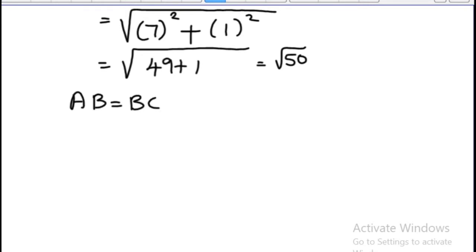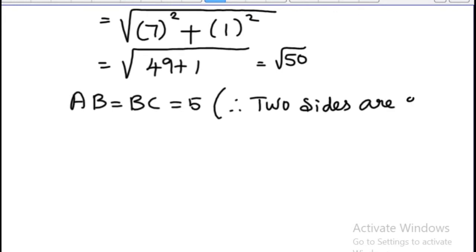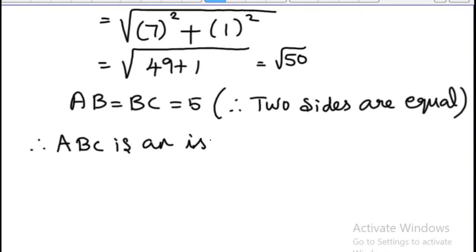Therefore this is equal to 5, therefore two sides are equal. Therefore ABC is an isosceles triangle.